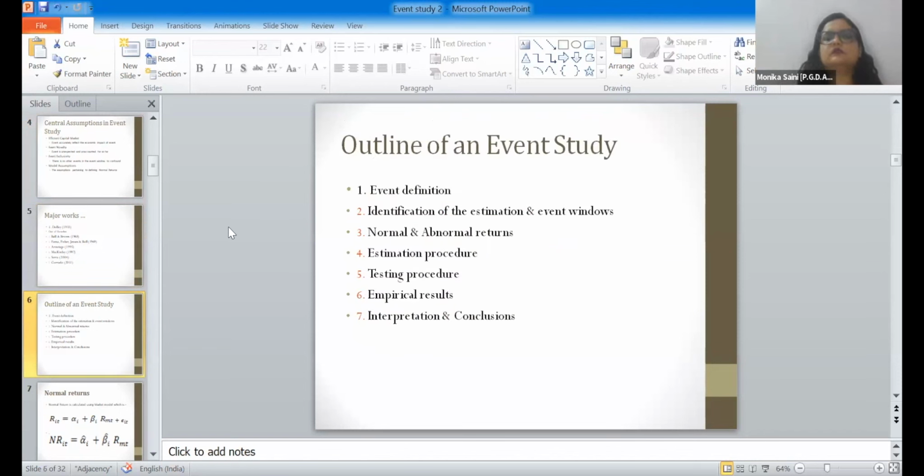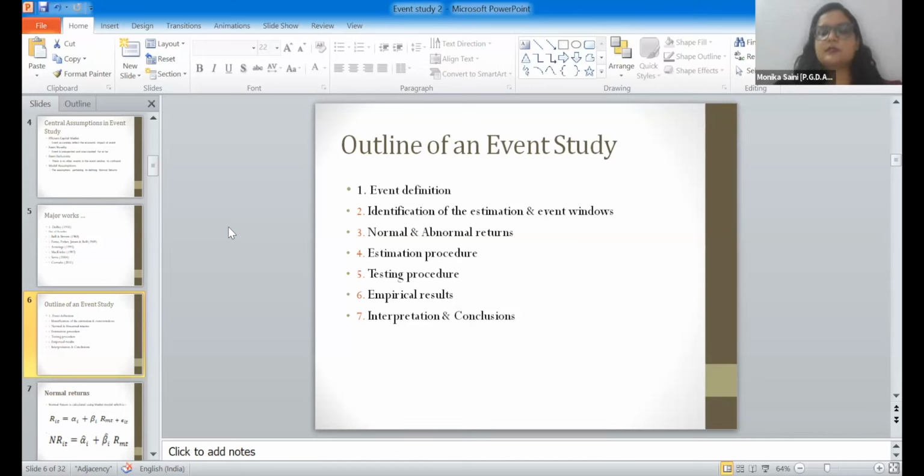Now, the steps or the process of event study starts with defining the event. For example, if I'm saying that a particular company has announced dividend on, for example, 28th of April 2023. So we will have to define that event. We have to take that announcement period.